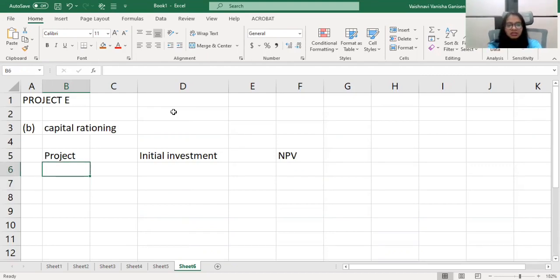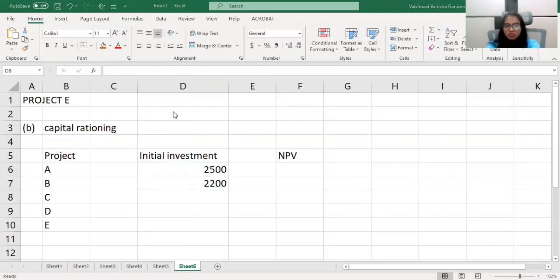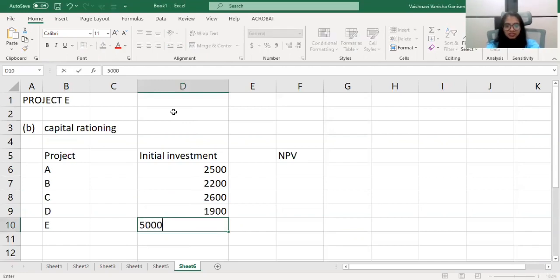Now, let me just copy the information from the question first. 2,500, 2,500, 2,200. I'm just copying the question, merely copying it. Okay, 2,600, 1,900 and 5,000.